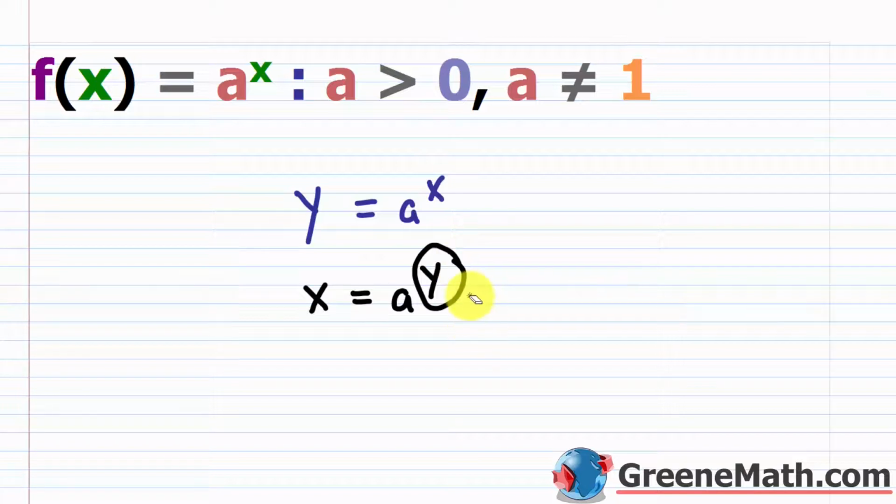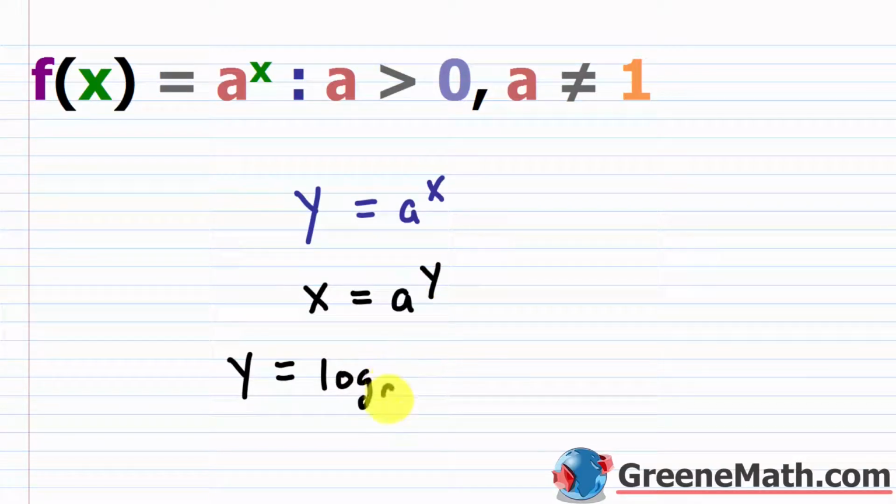So what I can do is write this in a different format in such a way that it allows me to solve for this exponent y. So I'm going to put y out in front. So y will be equal to, and then I'm going to have my logarithm here. So I'm going to have log with a base of a, and it's the same base as my exponential expression there. So the base is a, and then of, you're going to have this answer over here. So that's going to be x.